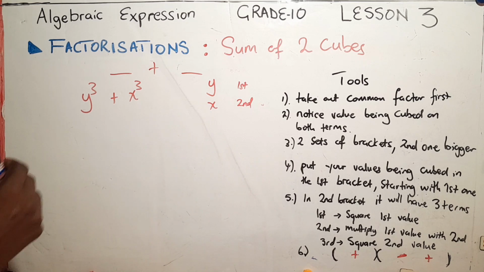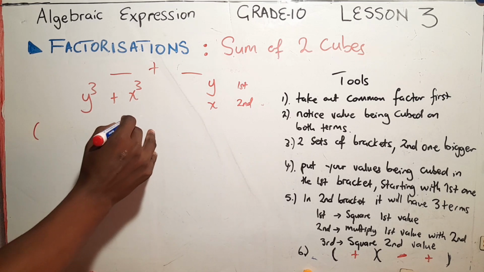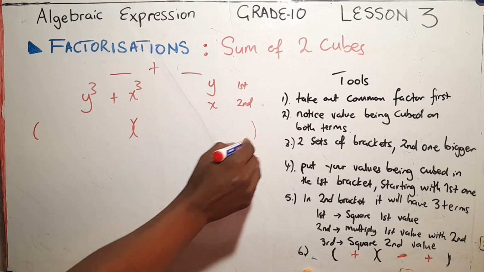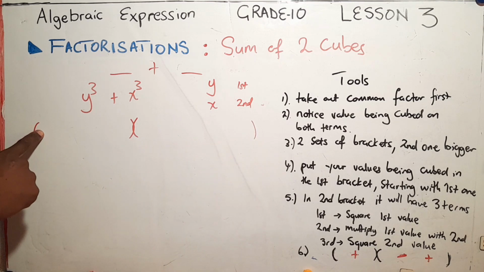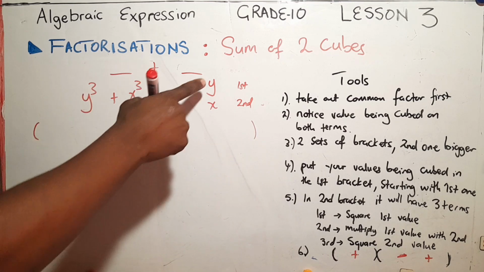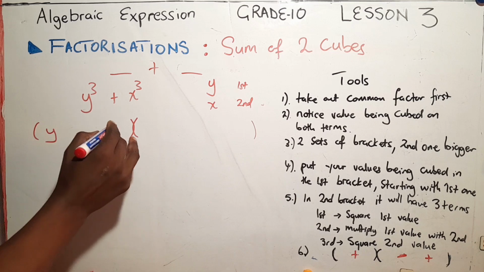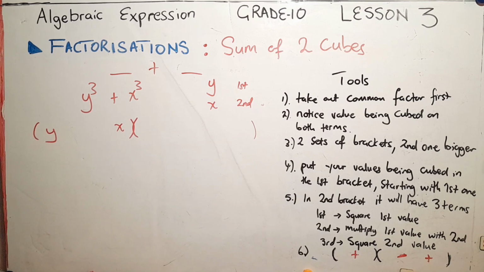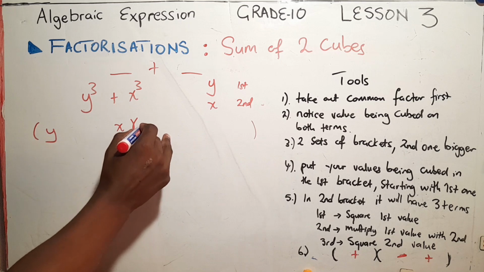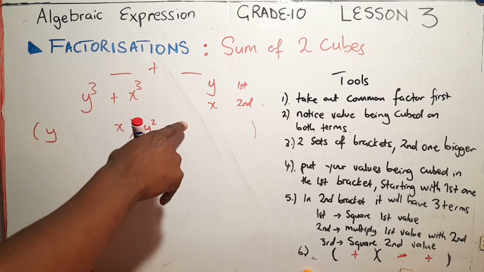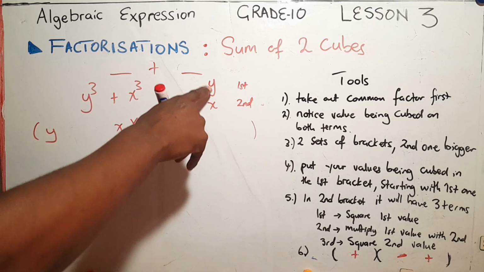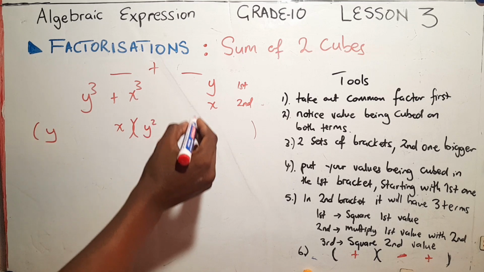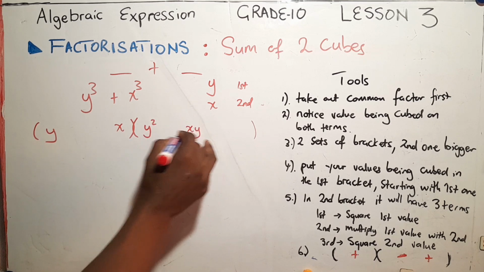And the next thing, we can have two sets of brackets, the one being bigger than the other one. To get the first term here, we just get these values, so this will be y and that will be x. And to get the first term in the second bracket, we square the first value, so that will be y squared. And to get the second term, we multiply the values, so x multiplied by y, that's xy.